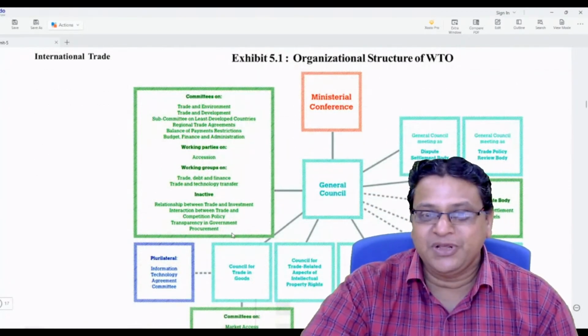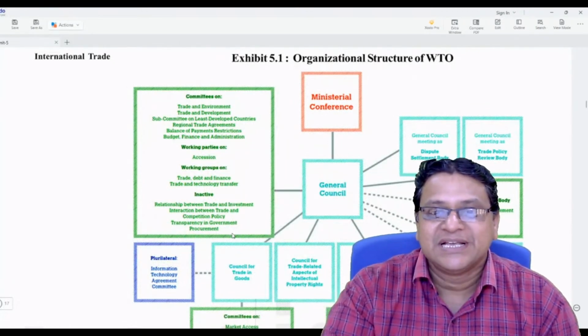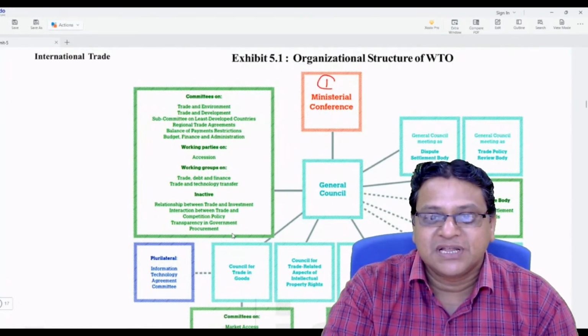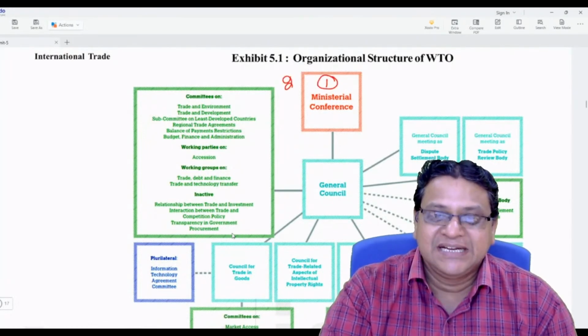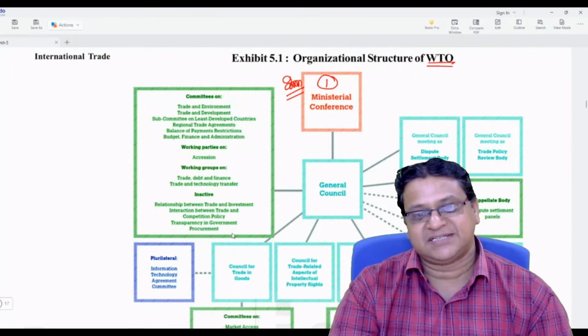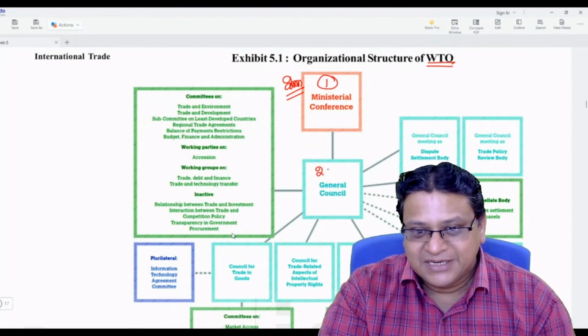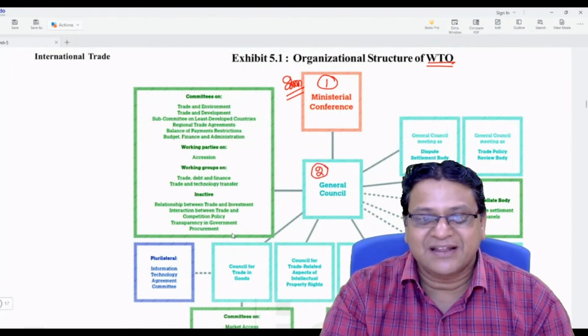In case of WTO, the highest decision making body is the ministerial conference. This is the highest decision making body of WTO. The second most important decision making body is the general council.